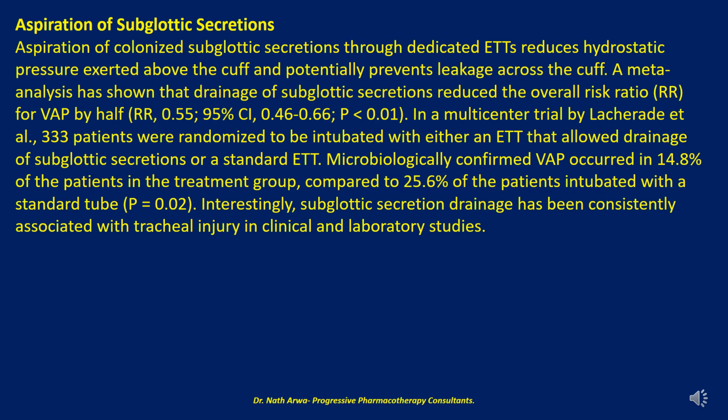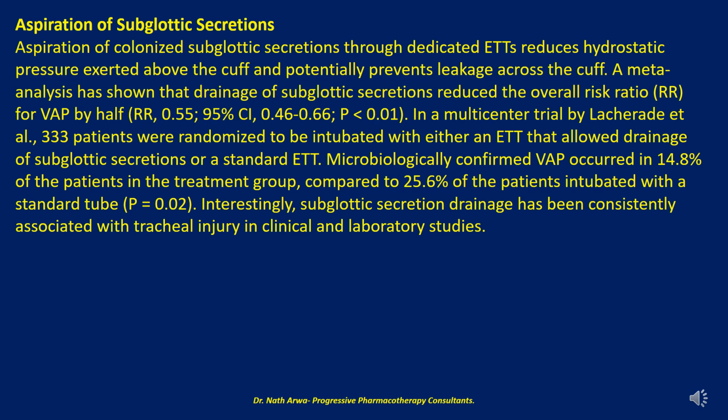In a multi-center trial by Lacaide and colleagues, 333 patients were randomized to be intubated with either an endotracheal tube that allowed drainage of subglottic secretions or a standard endotracheal tube.